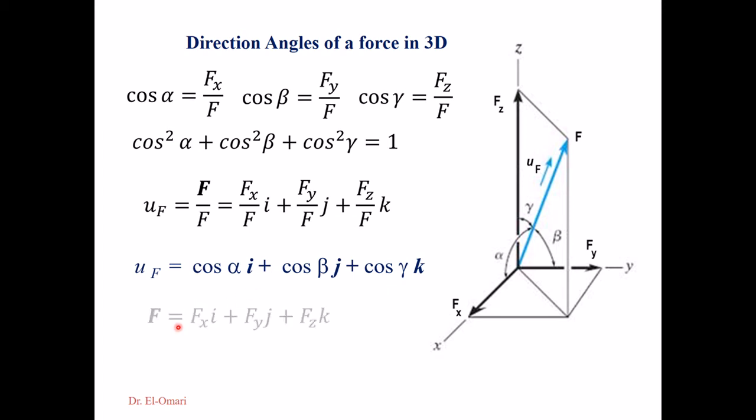This way, if the angles are given and the force magnitude is given, you can find the cosines of the angles, and then find the force in Cartesian vector form by multiplying the force magnitude by the cosines of the angles, which gets you the force components. And this is the first method of representing a force in Cartesian vector form.